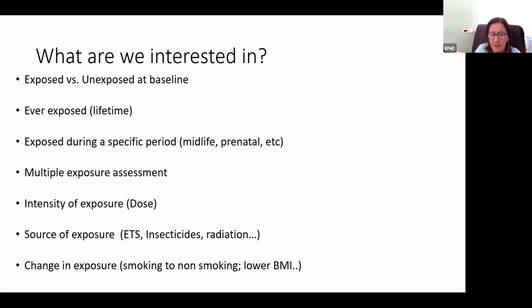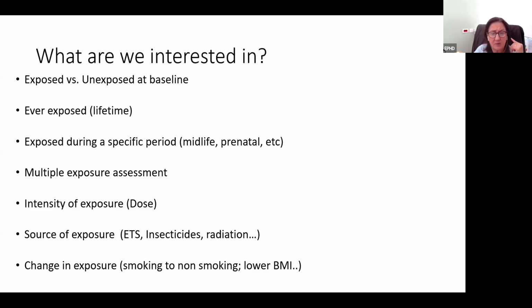I might want to look not only at the baseline, but at whether people change their behavior, maybe they have reduced their smoking, or whether their BMI changed. So it's not only smoking versus non-smoking at baseline, but how people change from smoking to non-smoking, how people move from higher BMI to lower BMI.